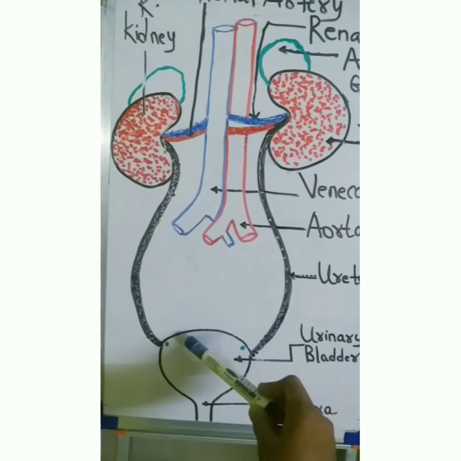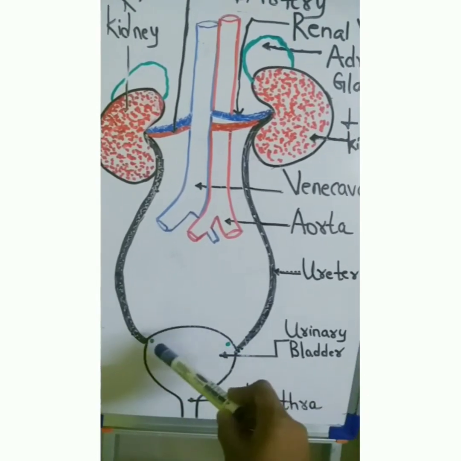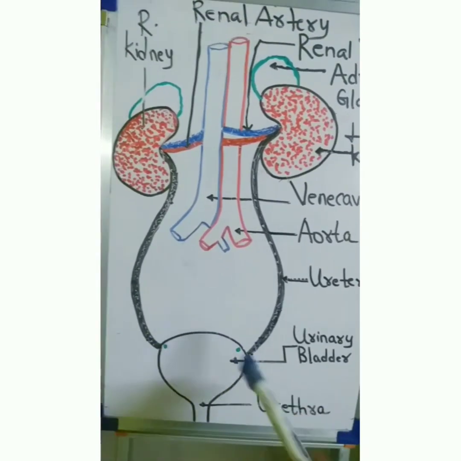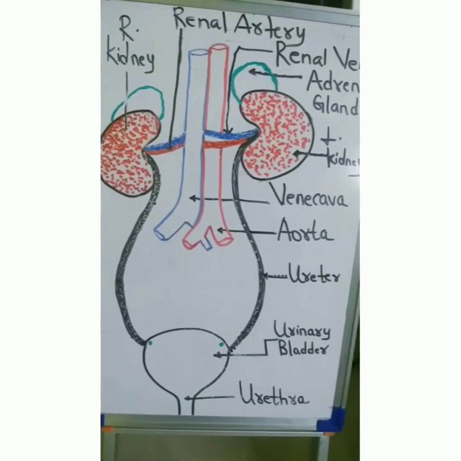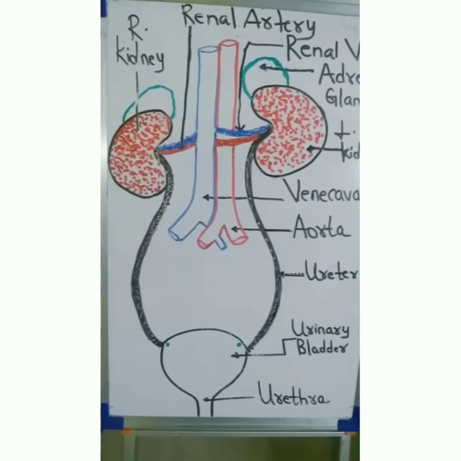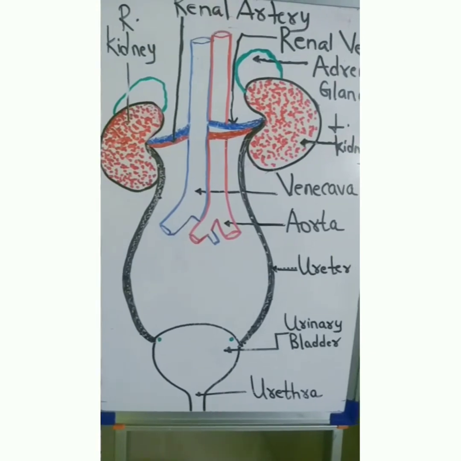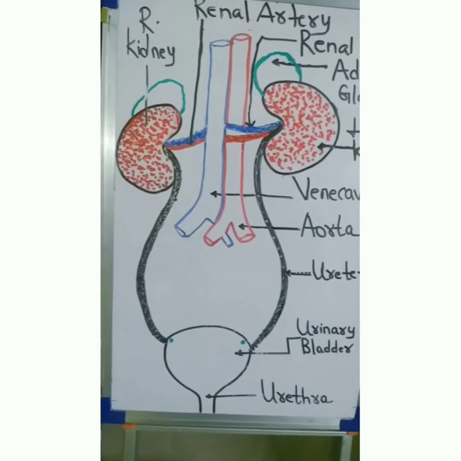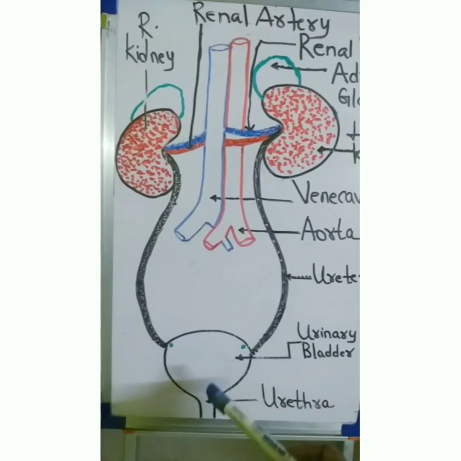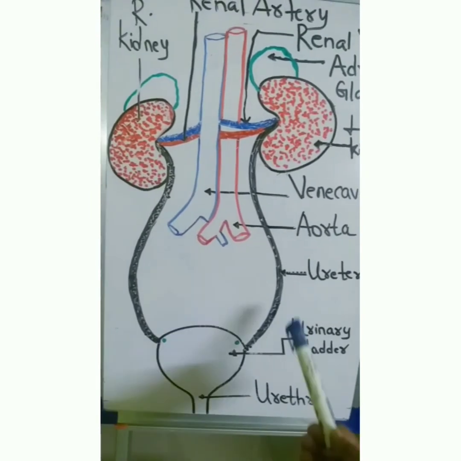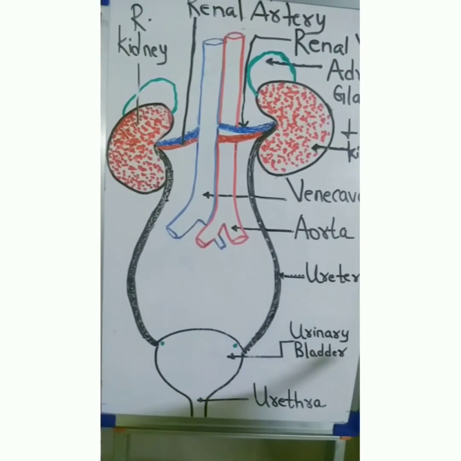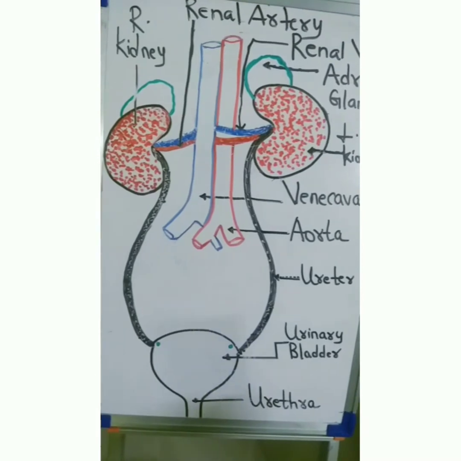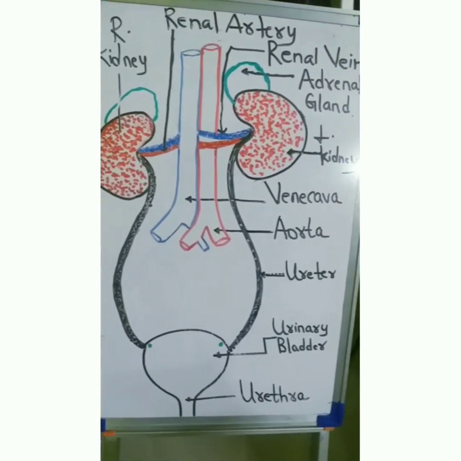The urinary bladder has some muscular structures called urinary sphincters. These are sphincter muscles which contract, and for 8 hours the human body can control the urine. After that, there is a feeling called micturition.